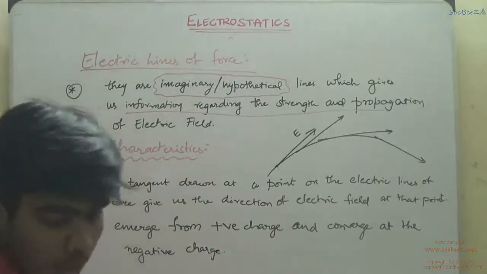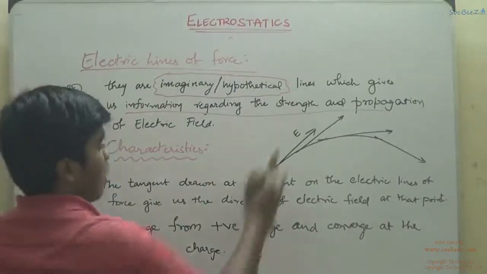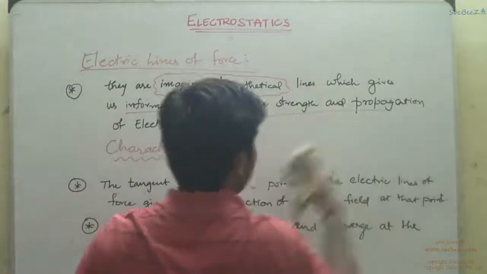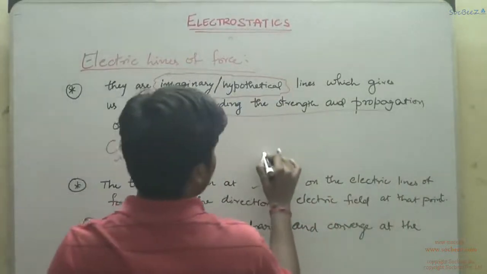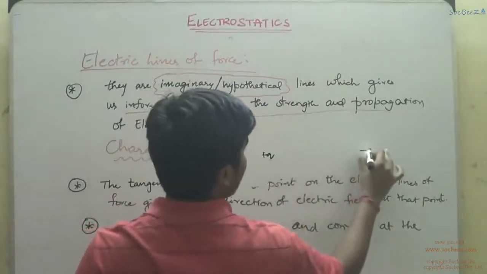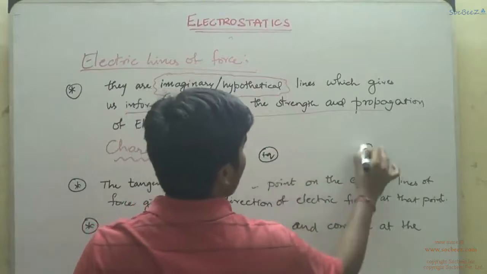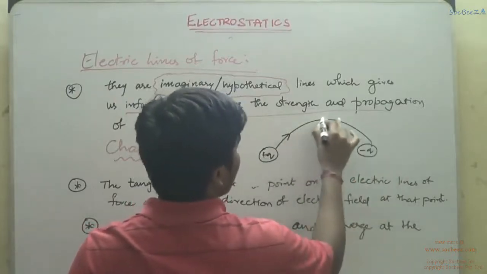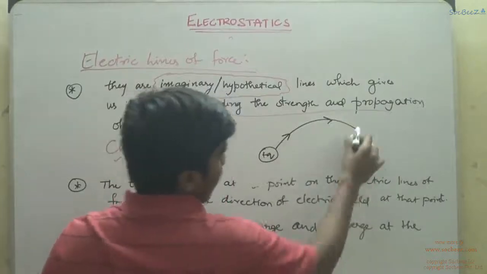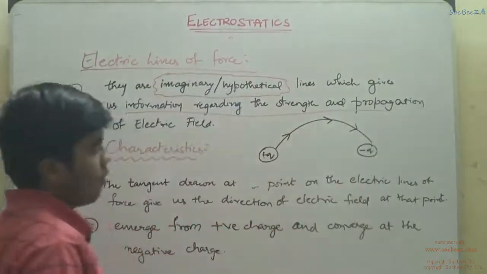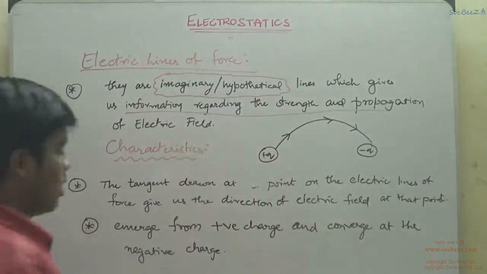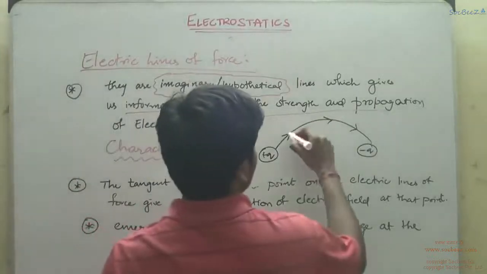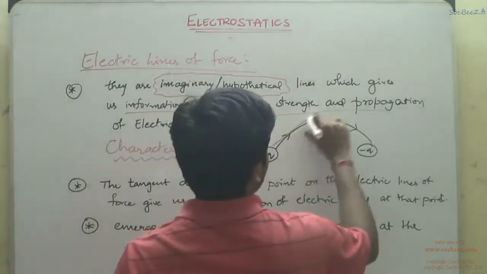So, for example, consider a charge plus q here and minus q here. This might be an electric line of force. And now in this case, if I try to draw a tangent at this point, I get the tangent in this direction.